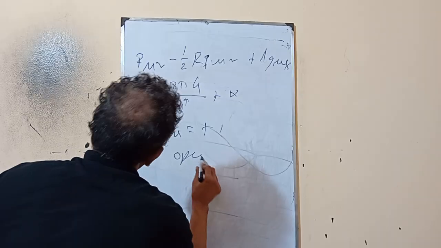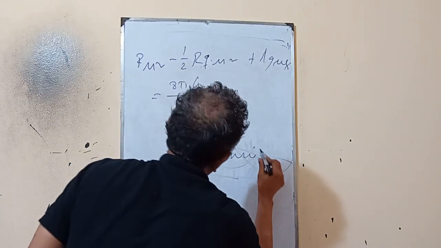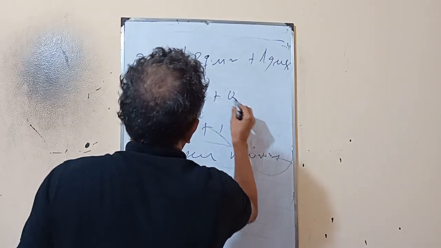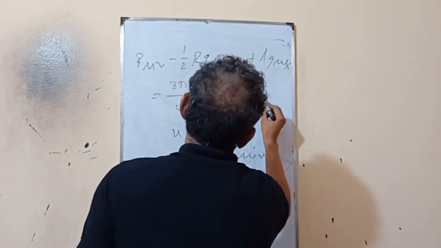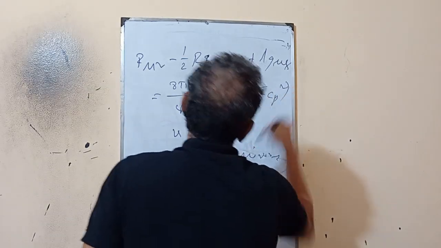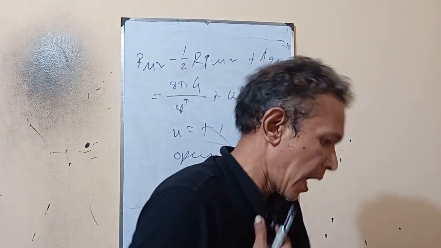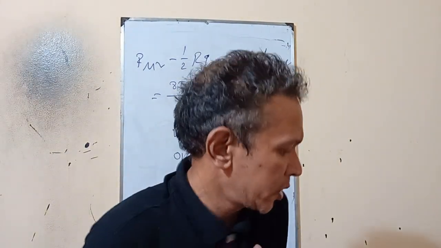Open universe, open universe. And this is a K. CZ whole square, CP whole square.